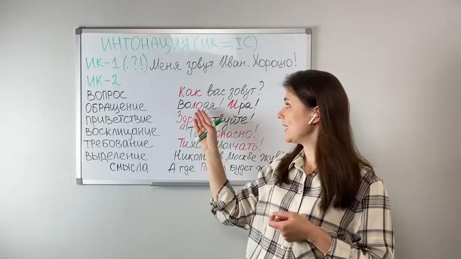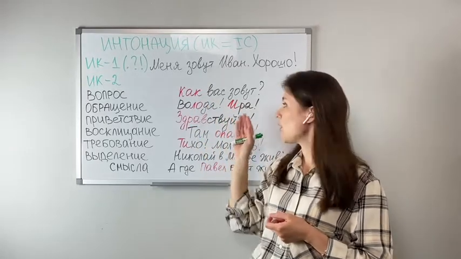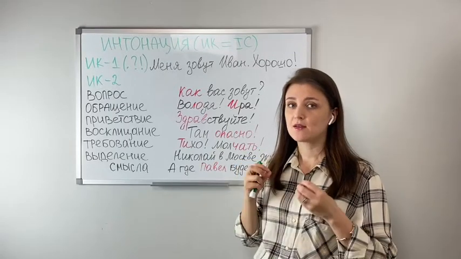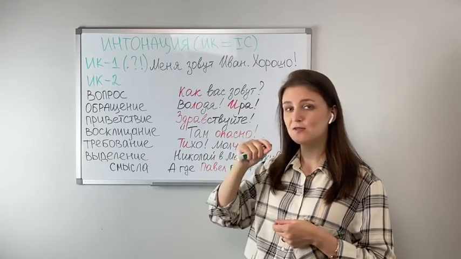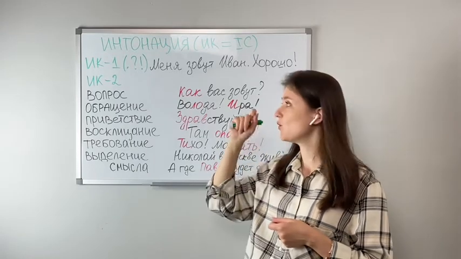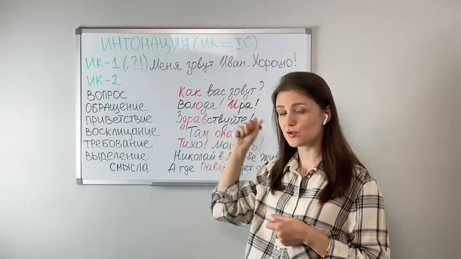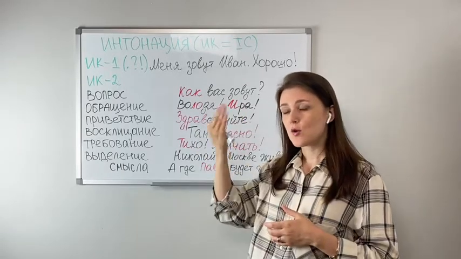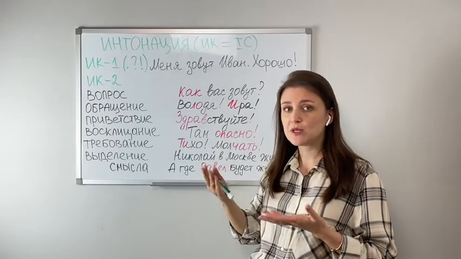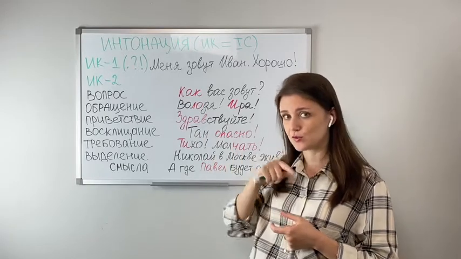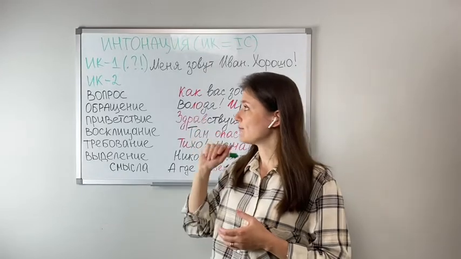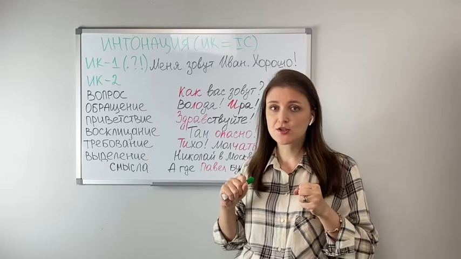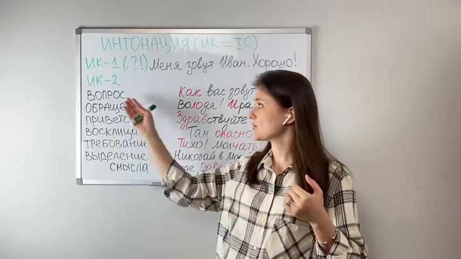In red I give you the words or syllables which we stress, and that means you want the listener to receive exactly this information that you want to stress. The person with whom you speak should understand what you mean. Okay, we use the second intonation construction when we ask any question.